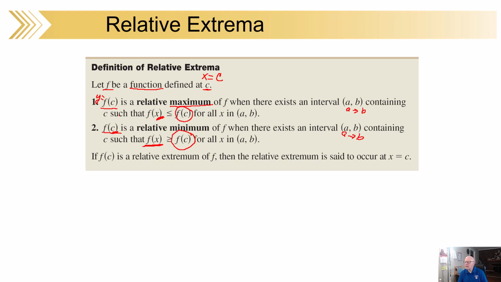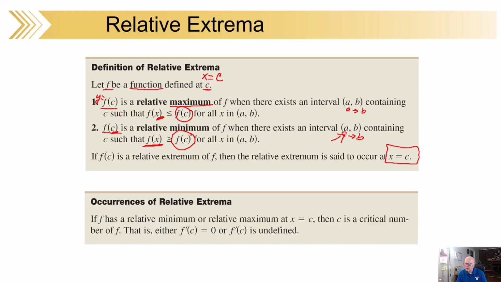That's a relative extremum because we're limiting it to values of x from a to b. And we're saying that an x value of c, whatever that might be, 2, 3, 17, 32 over 5, whatever it is, that's what gives us the either high or low value within that interval.